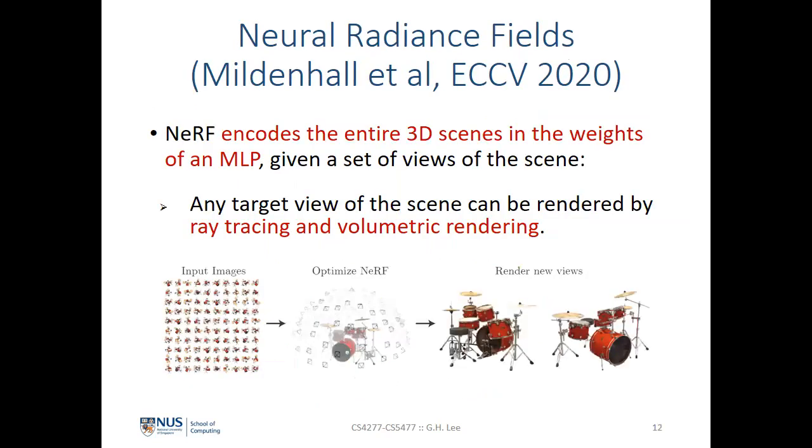And thus the whole rendering becomes very sharp. Otherwise it will be blurry if you lose the high frequency component. And so with NeRF, by training this deep network, the MLP, you can render any target view by doing ray tracing and volume rendering.